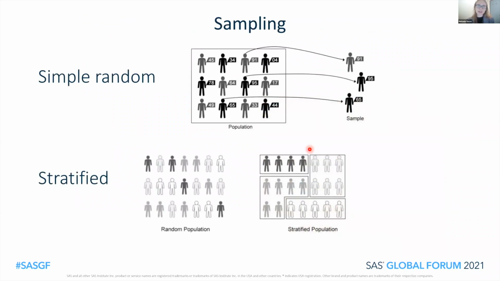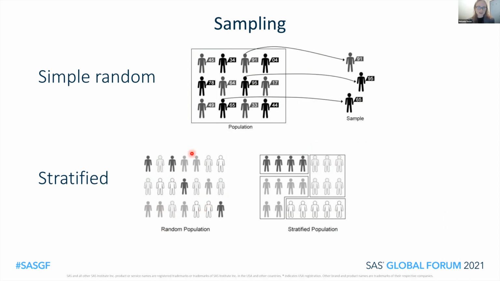There are different ways that we can sample a survey. One way is simple random sampling. Here we have an illustration where we have our target population, and we randomly select 3 individuals to be in our sample. Another way that we could sample the population is using stratified sampling.